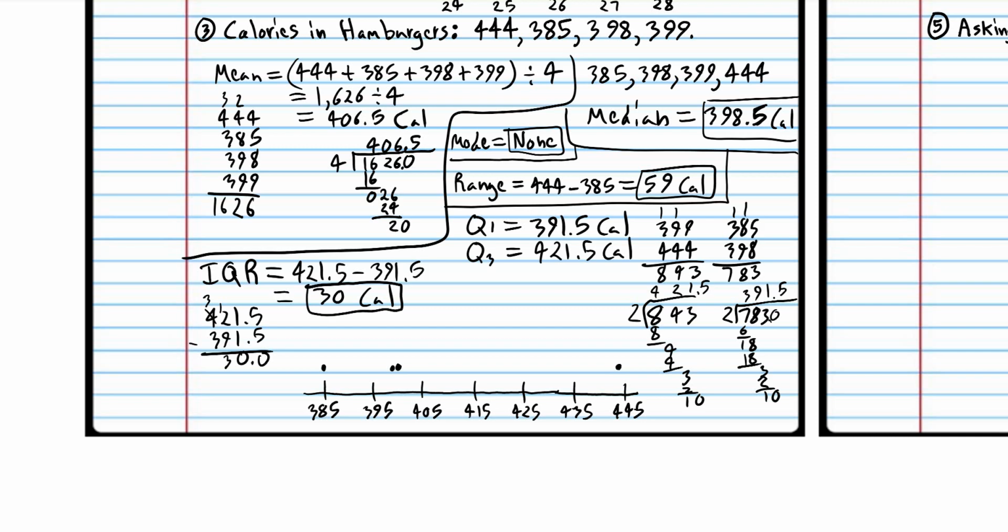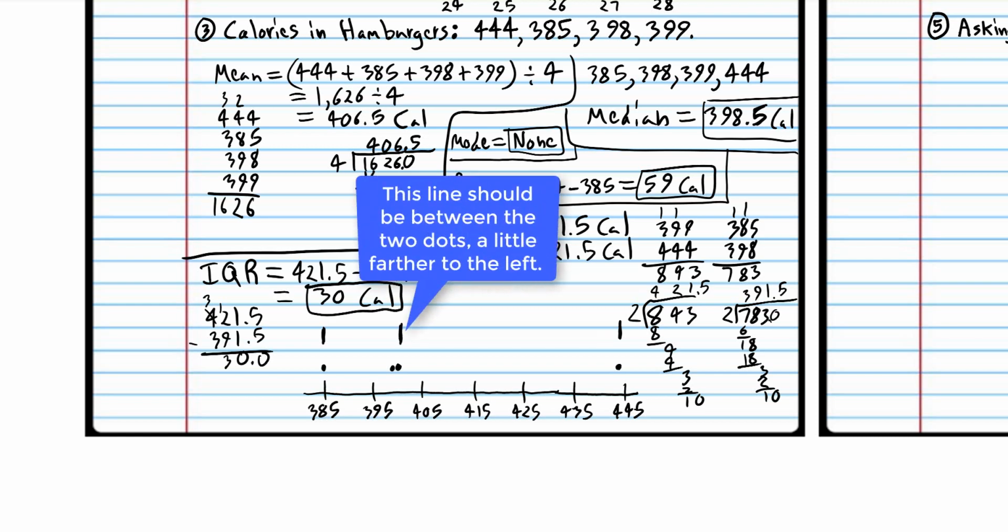So now we're going to do a box and whisker plot. Go ahead and do that. When you come back, we'll do it together. All right, we're back. So put a vertical line on the smallest number, a vertical line on the biggest number, and a vertical line on the median, which is 398.5. I think that would be about here. Again, it doesn't have to be exact. Then put a vertical line on Q1, which is 391.5.